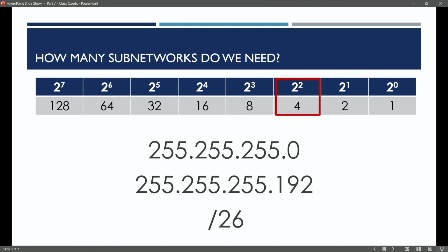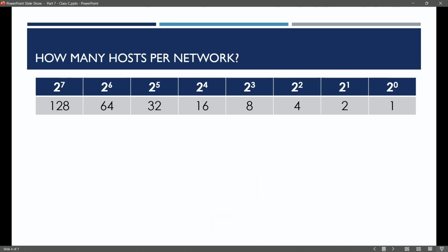Now, the next question we would ask is, okay, love it, great. I love that I could create 4 networks here, but how many hosts per network can I accommodate? Well, think about it. If we have a /26 now, and there are 32 total bits, 32 minus 26 leaves us just 6 bits for host addressing. Remember, the formula for how many hosts we can have is 2 raised to the number of host bits minus 2.